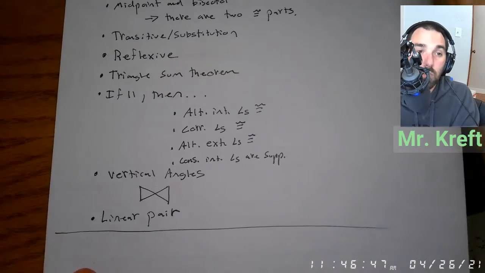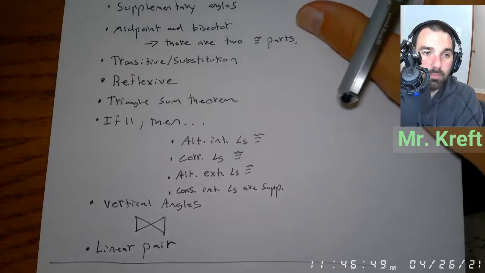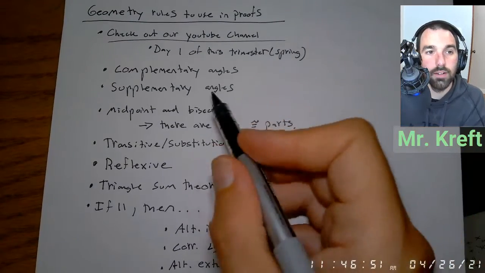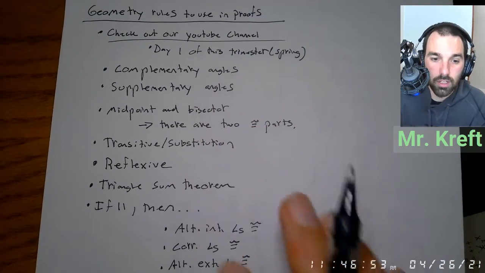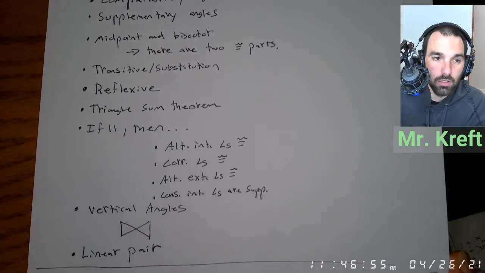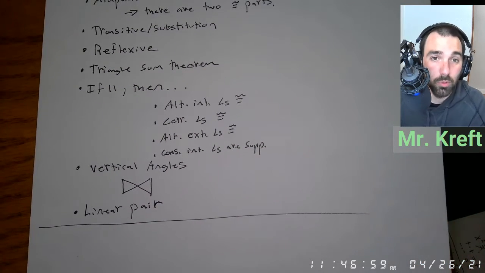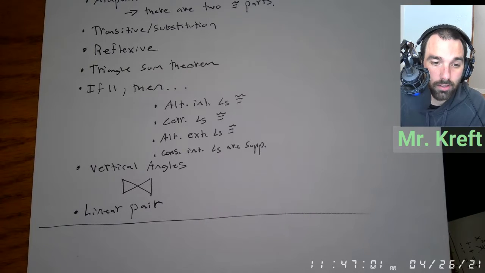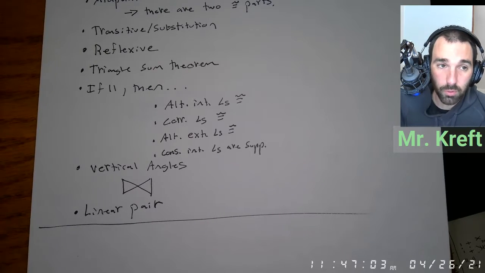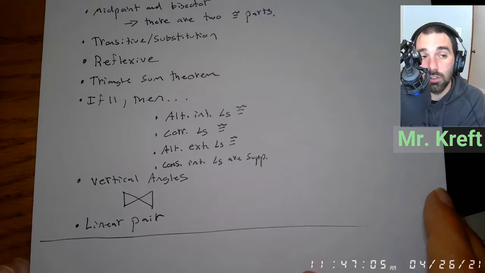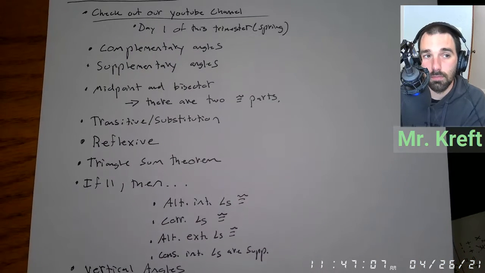So again, if you guys want, go to the YouTube channel, the first day of this trimester, and I went more in detail on all of these, okay? But these are all things that we've used in proofs. So if you guys are like, man, I'm struggling with proofs, that's probably because you don't have these down, okay?